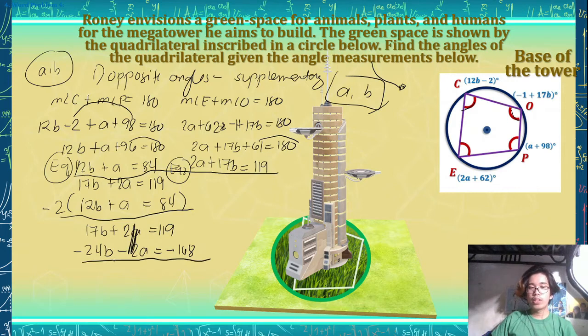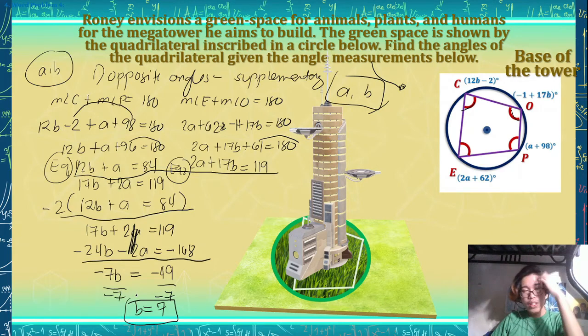The positive 2A and the negative 2A cancel. Then 17 minus 24 gives us negative 7. So we have negative 7b is equal to 119 minus 168, which gives us negative 49. If we divide both sides by negative 7, the value of b for this problem is just equal to 7.